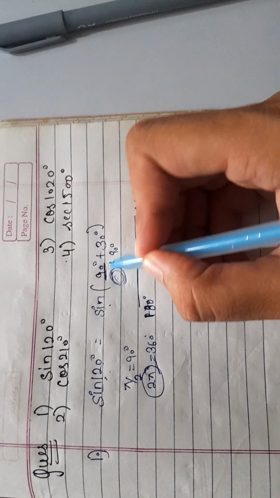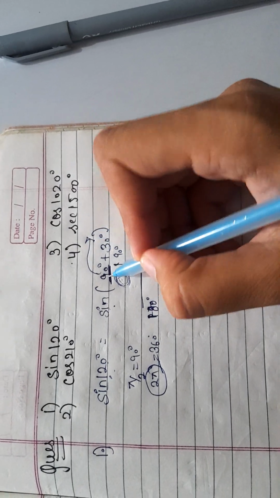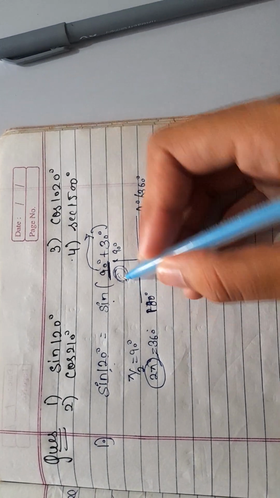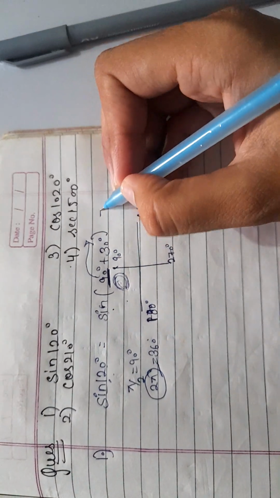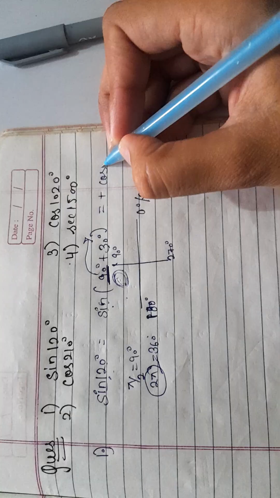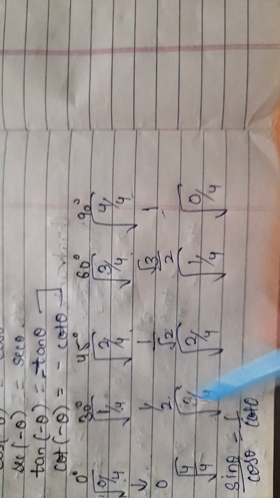If there is 90, it will change as it is an odd multiple of 90. Sine is positive in this, so it will be positive. Sine changes into cos of angle 30. Its value, cos 30, is root 3 by 2. So we get our value.